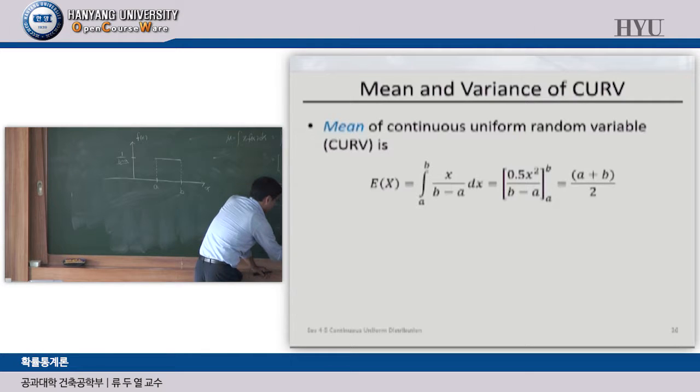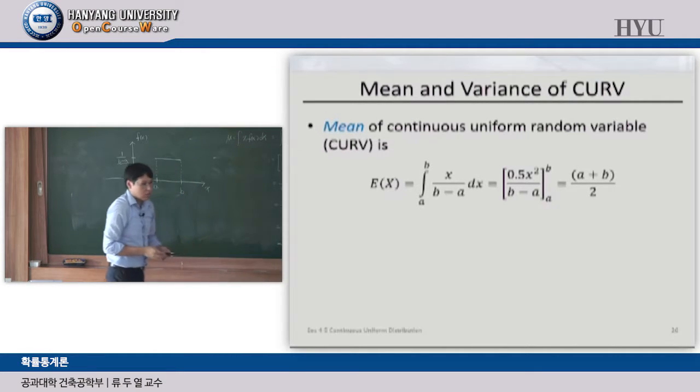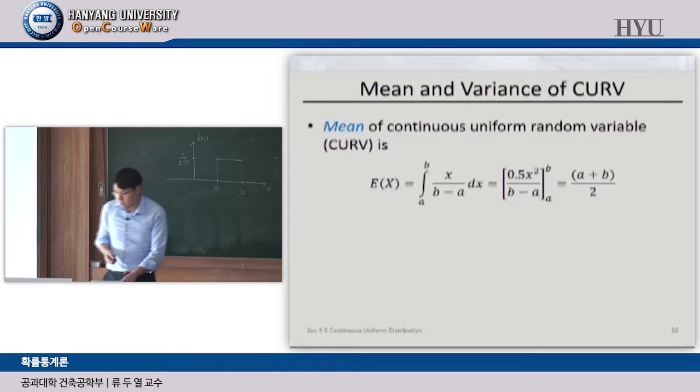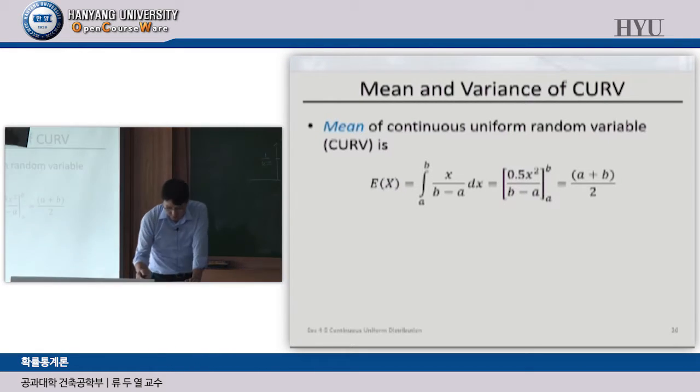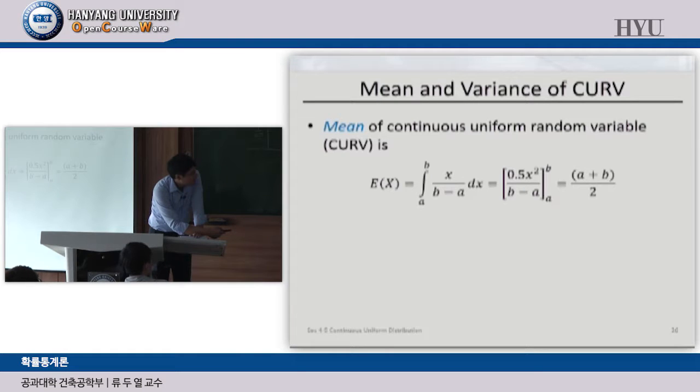This is (b minus a) multiplied by (b plus a) over 2 (b minus a). So this can be eliminated, right? So finally we obtain (b plus a) over 2. So the mean of the continuous uniform random variable is (a plus b) over 2 when x is between a and b.